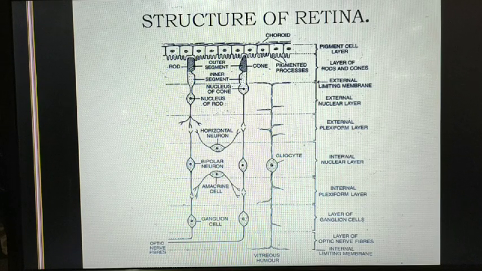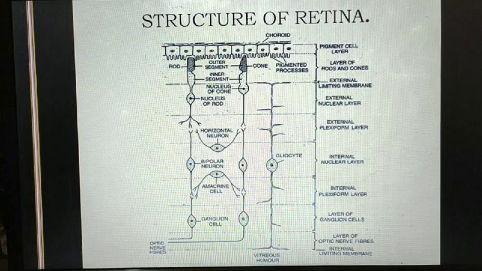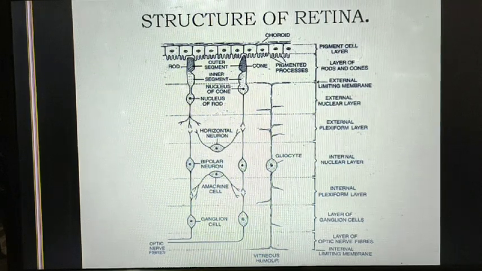The internal limiting membrane separates the retina from the vitreous humor, and retinal gliocytes support the neurons of the retina and may ensheath them, and also they are nutritive in function, and some astrocytes are also present in between the retinal neurons.